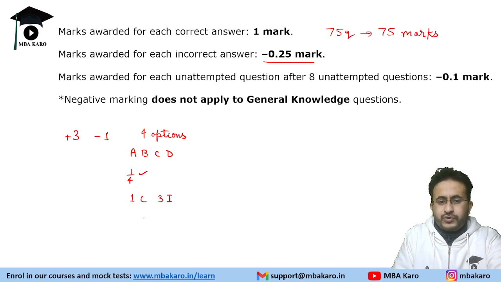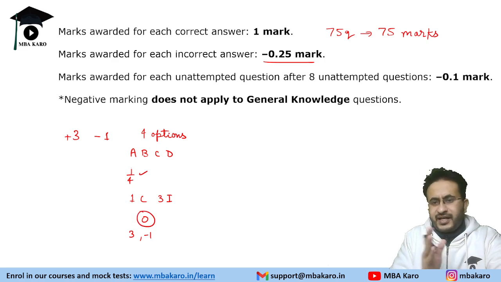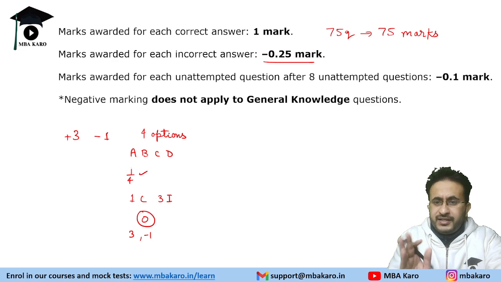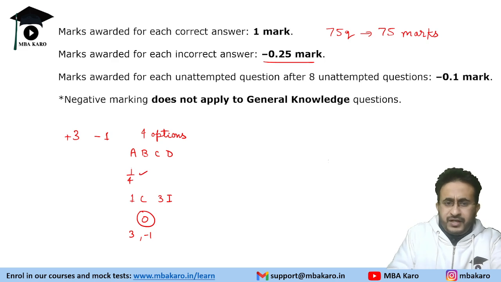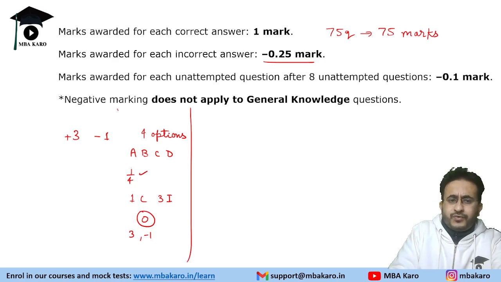Your overall score should be 0. For correct they give you 3 marks, for incorrect they give you -1, so that you get 3 minus 3, that is 0 marks. So the scoring is done in such a manner that if you randomly attempt the paper, you should end up at 0.